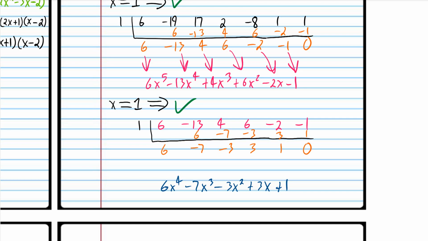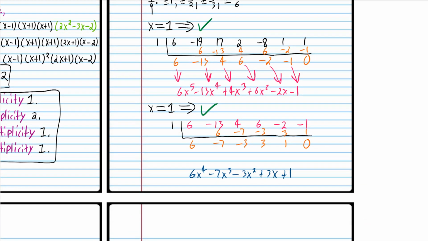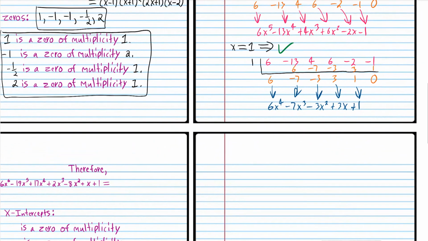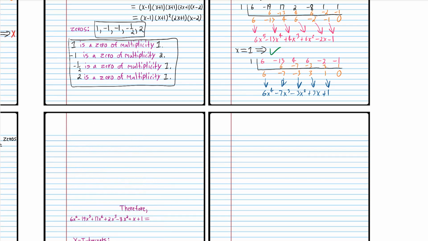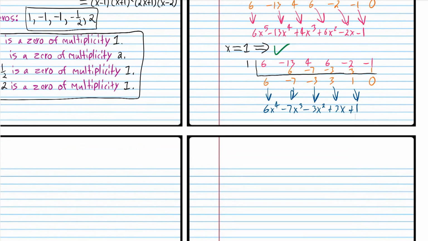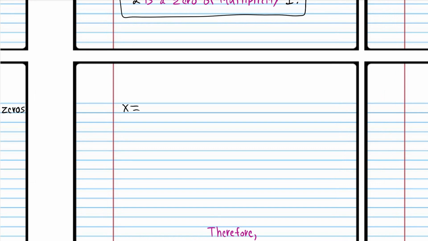And so now we're going to check for repeated zeros again. So let's plug in 1 again. Let's try x equals 1 again.